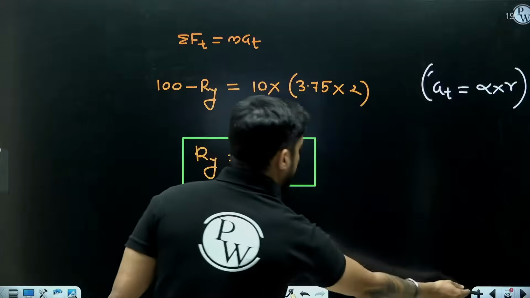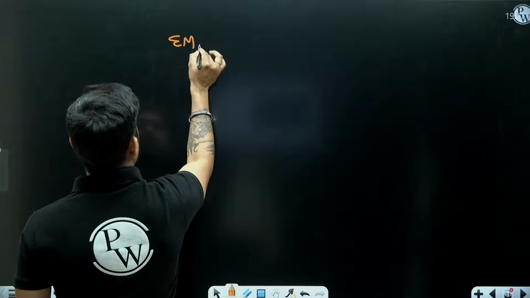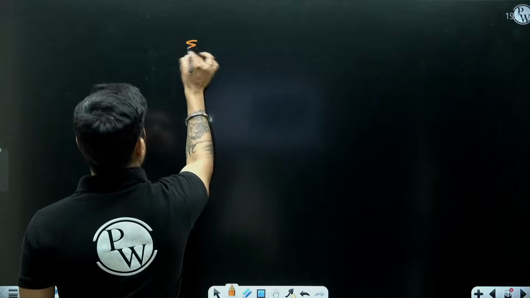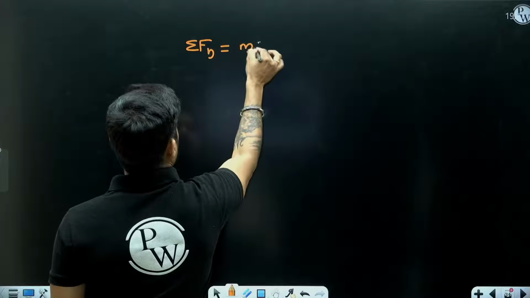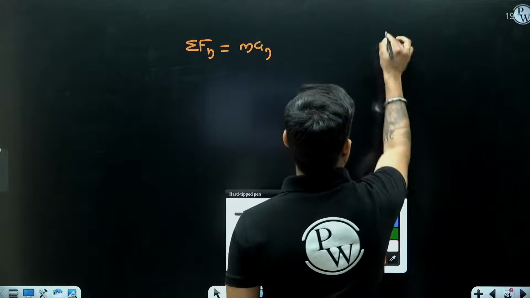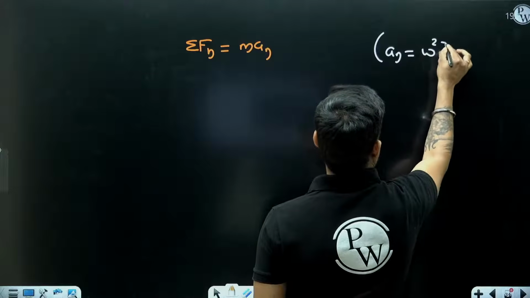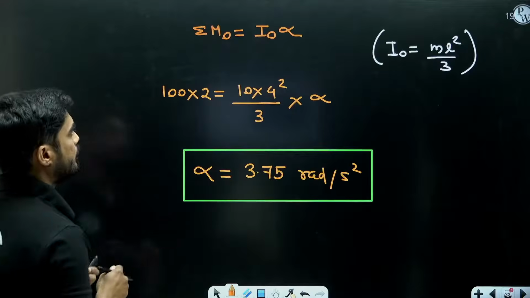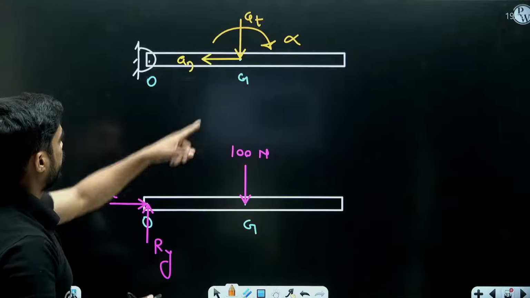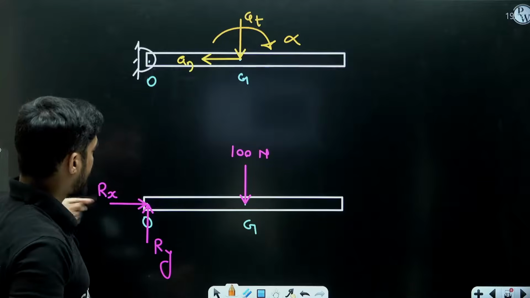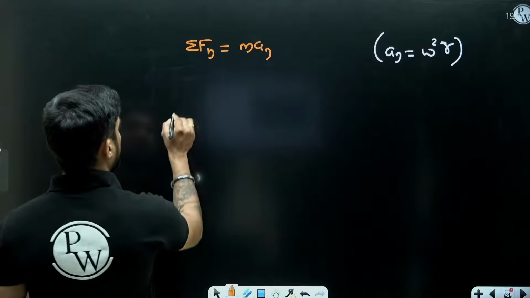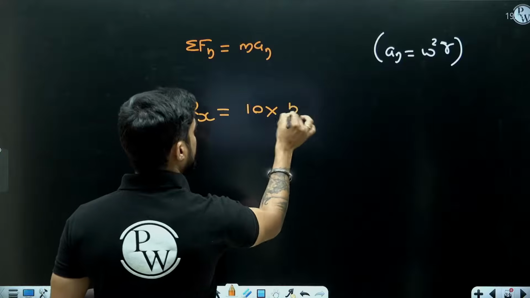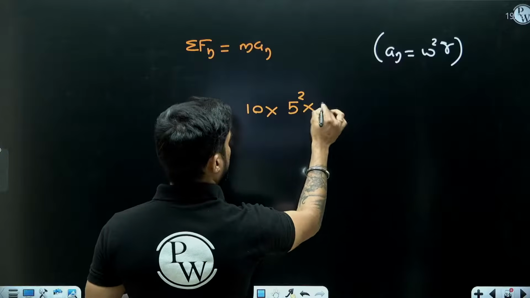In order to find Rx, you will apply summation of Fn equals to m an. an is omega square into R. Now what is summation of Fn? Minus Rx, since I am considering Rx in this direction, opposite to an. So minus Rx equals 10 into omega, which is 5, squared, into R, which is 2.